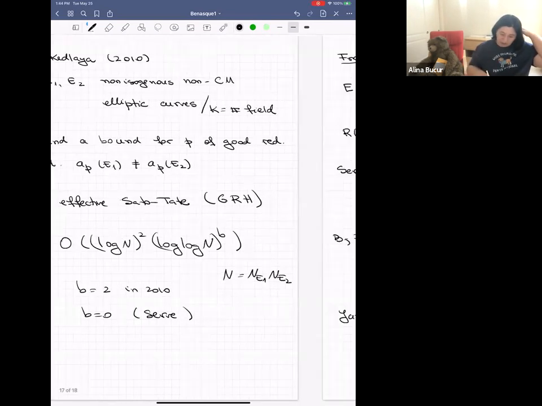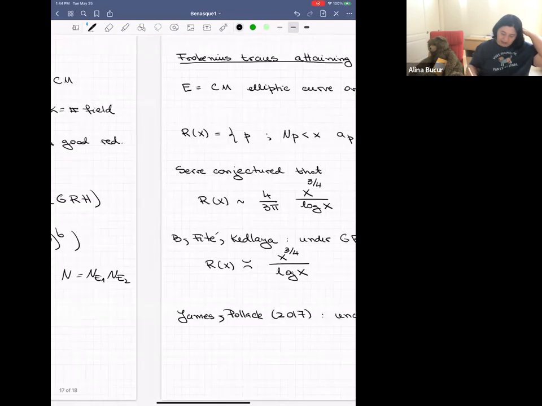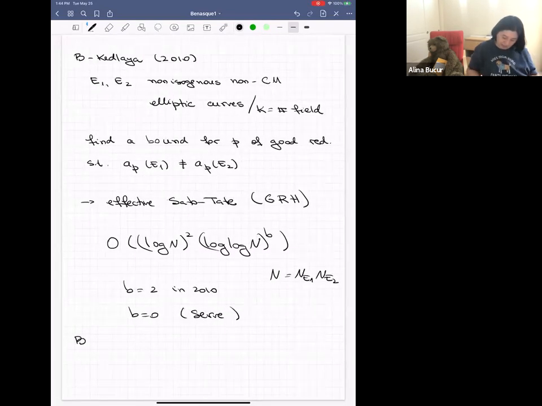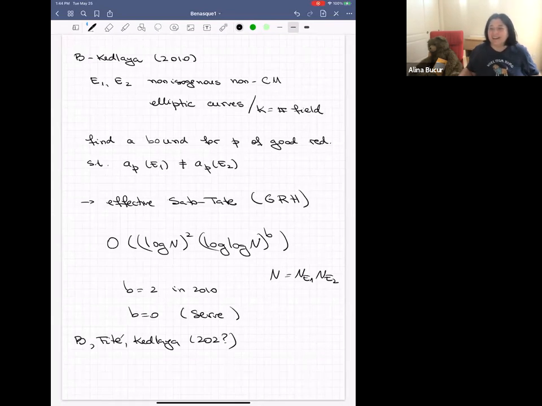However, we went back to it a little later, in a paper with Francesc Fité and Kiran Kedlaya that is still to appear because it's submitted somewhere, I forget where, but it's on arXiv.